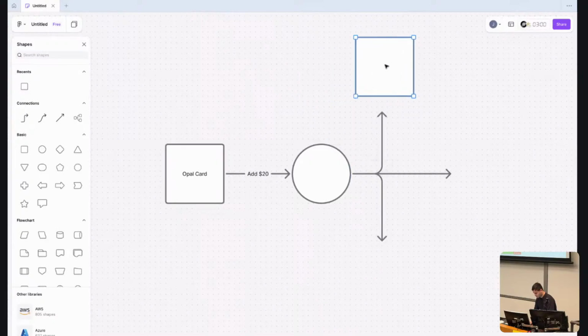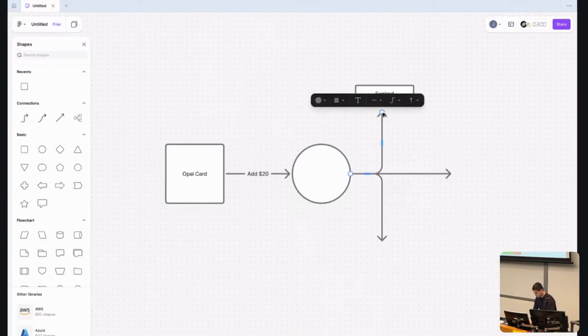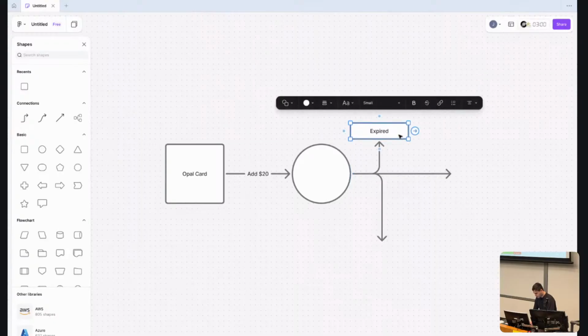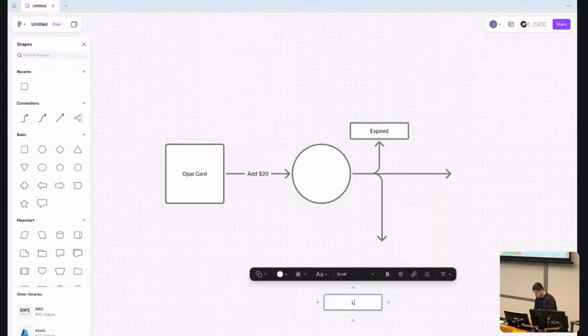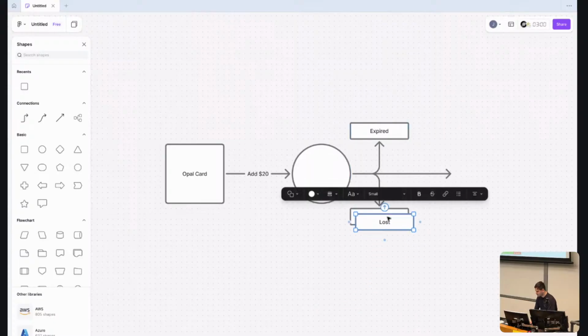Someone want to yell? Okay, expired is a good one. Lost. Let's put it on and we'll think about it. Is there a difference between expired and cancelled? I actually don't know.